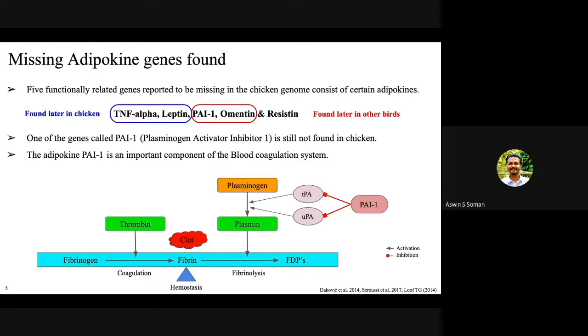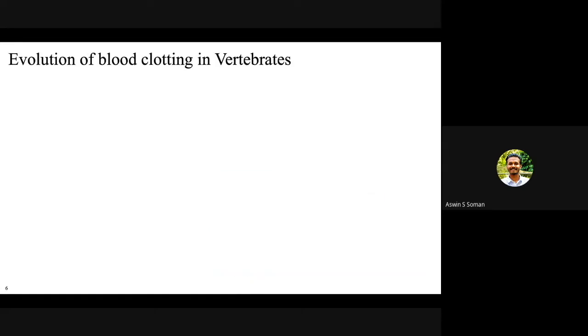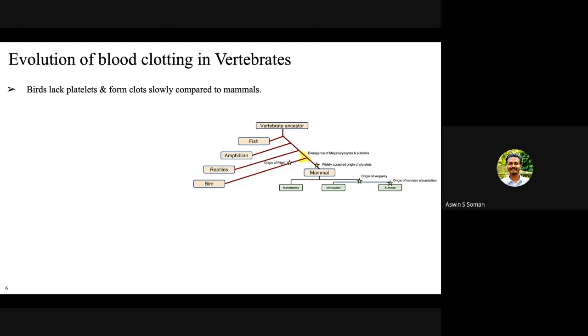Okay. So in case of birds, they form clots very slowly compared to mammals. This prolonged clotting time is because they don't have platelets. Now, if we look at the evolution of blood clotting in vertebrates, a proper coagulation system first appeared in early vertebrates, and the early vertebrates like fish, amphibians, reptiles, birds, had thrombocytes that are spindle shaped and nucleated.